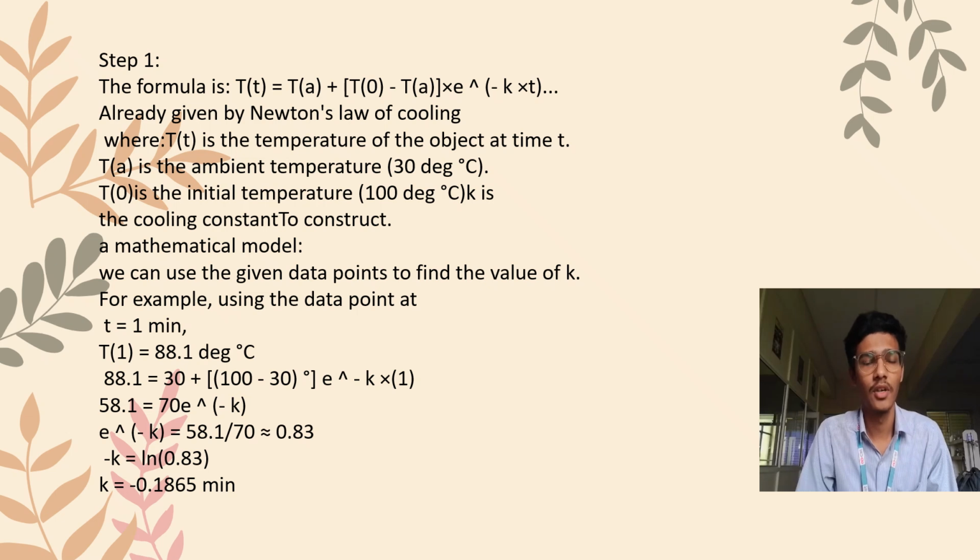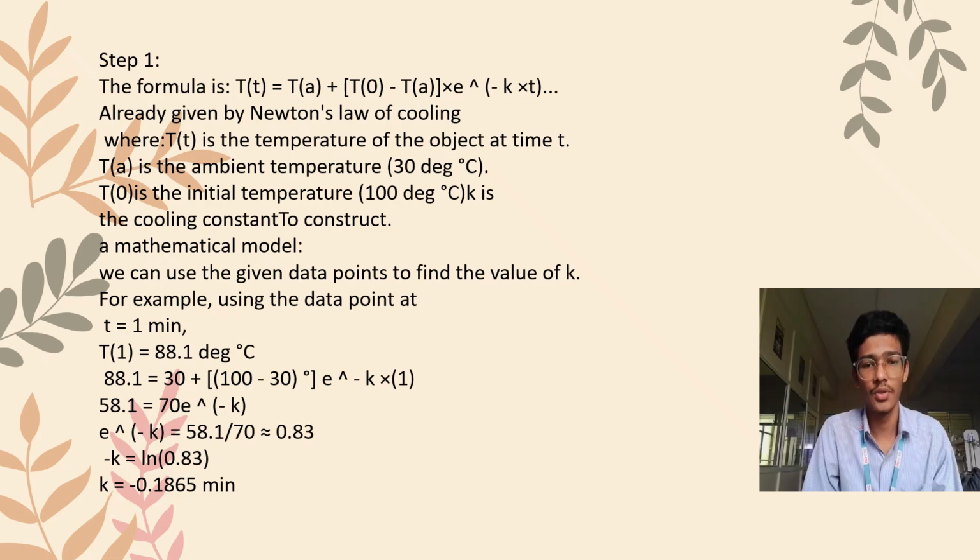Next slide. We use the formula where T(t) is the temperature of the object at time t, T environment is the ambient temperature, 30 degrees Celsius, T naught is the initial temperature, 100 degrees Celsius, and k is the cooling constant. To construct the model, we use the given data points to find the value of k.